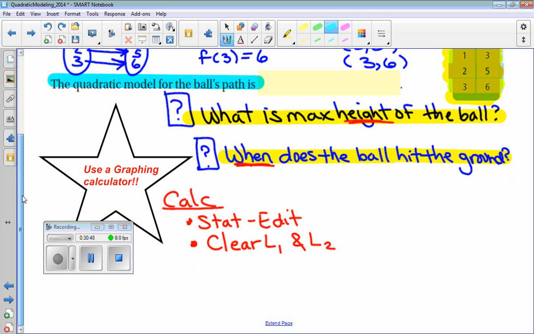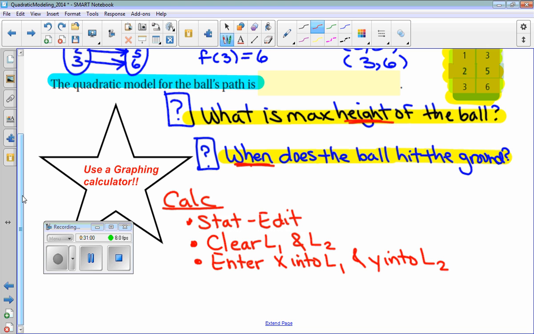So once you clear it, then you're going to enter your X into L1 and your Y into L2. Okay? Good so far.